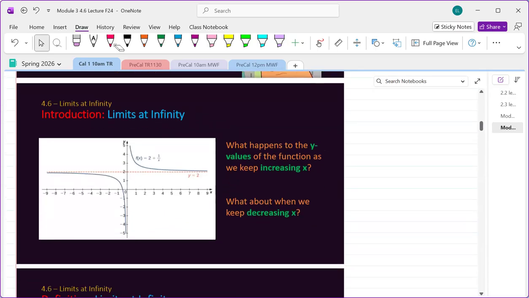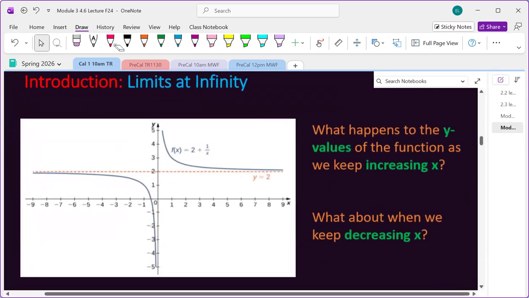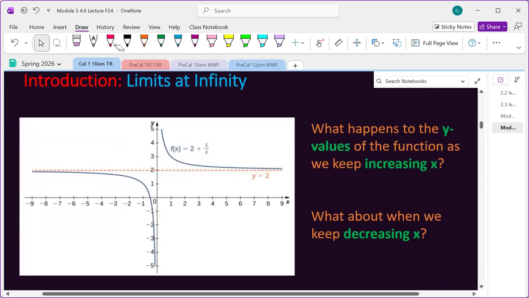Specifically, when we look at rational functions. So if we zoom in here, the function equation is 2 plus 1 over x. So 1 over x normally has an asymptote at y equals 0, the horizontal line, the x-axis. But if we add 2 to it, it shifts that asymptote up 2.